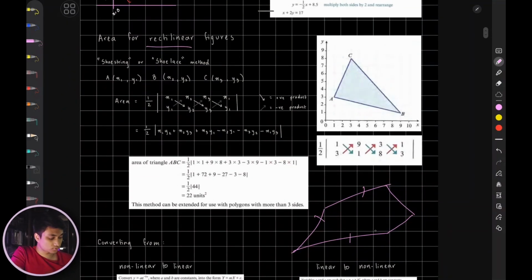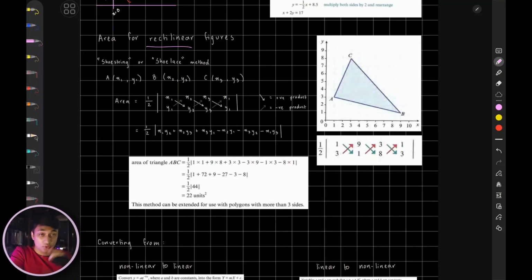The 1, 2, 3, 4, 5. So this is a shape with 5 straight lines. So this is what? A rectilinear figure. It's made out of straight lines. It can also be a triangle, it can be a rectangle, it can be literally any shape, but it needs to be made out of straight lines.